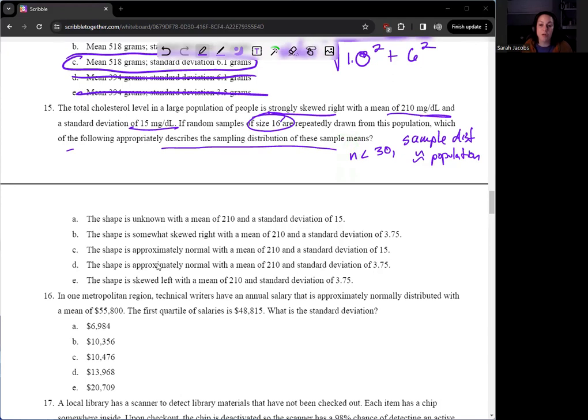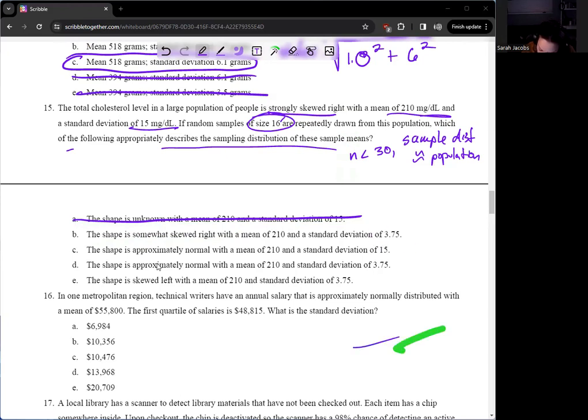The further from 30, the more the sampling distribution will look like whatever the original population was. So the shape is unknown? No. The shape is somewhat skewed right. It was skewed right, so we're going to stay skewed right. That sounds good, with a mean of 210 and a standard deviation of 3.75.